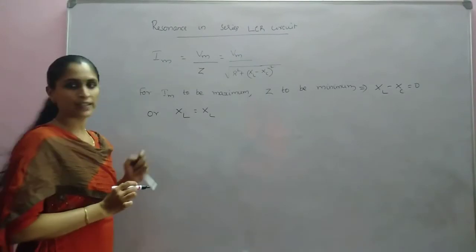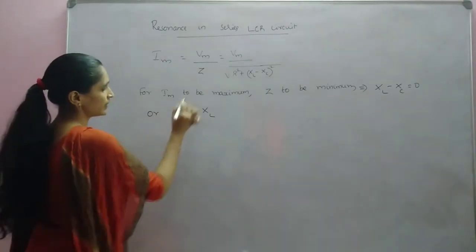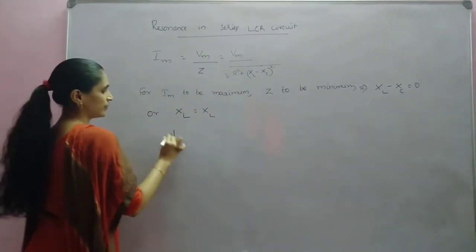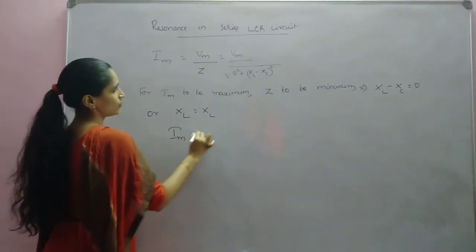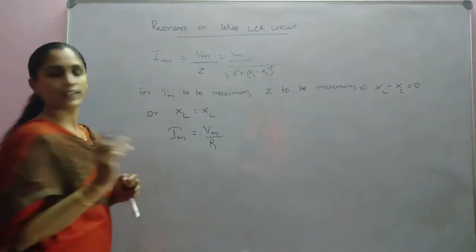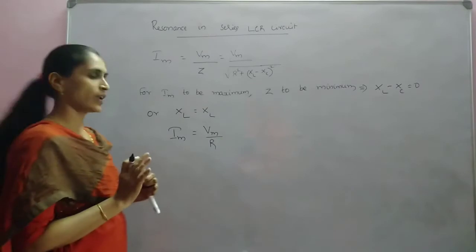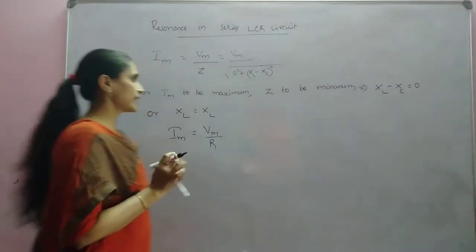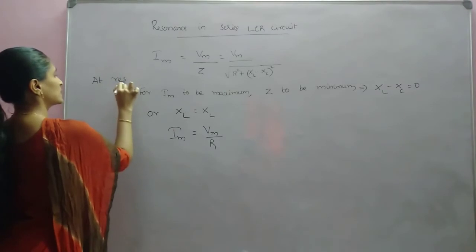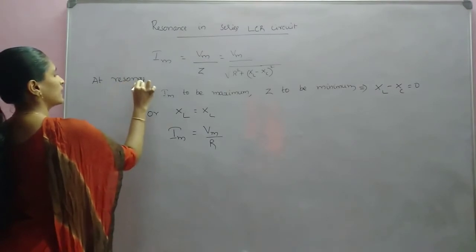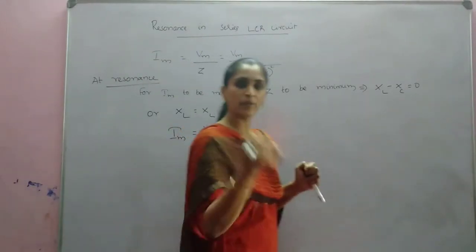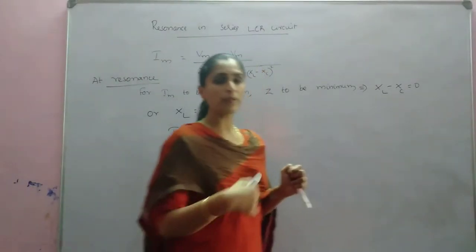So the peak value of current, how do we find it? The peak value of current will be given by Im is equal to Vm by R. That condition is known as resonance. So at resonance in series LCR circuit, current will be maximum and impedance will be minimum.